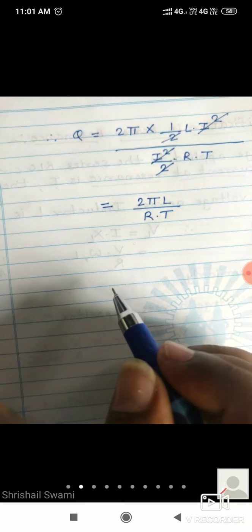This 2 and this 2 will get cancelled, I square and I square will get cancelled. What is remaining is 2 pi into L divided by R into T. Now 2 pi L as it is, R is, what is the T?